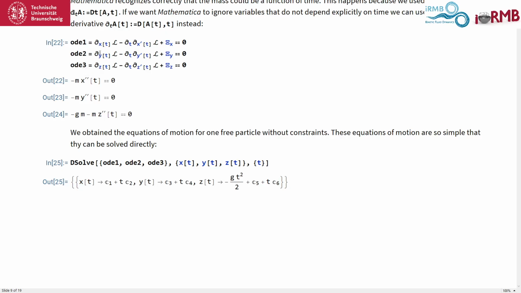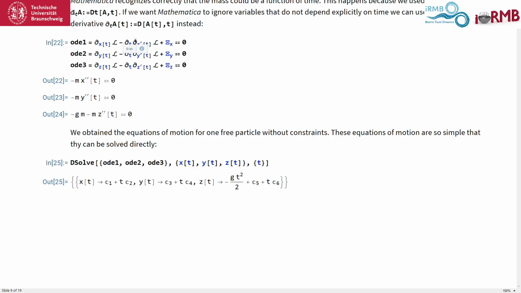So the way we can write our equation such that it only takes explicit dependencies into account is by writing this with a partial derivative here. But this also means you always have to specify that things depend on time. So you always have to specify x as a function of t and x dash as a function of t. Otherwise, this will just put this to 0.